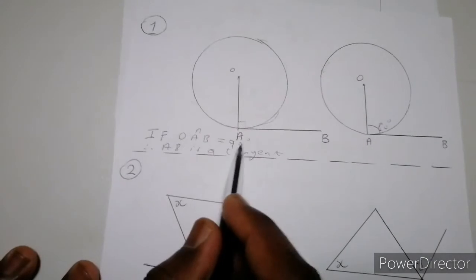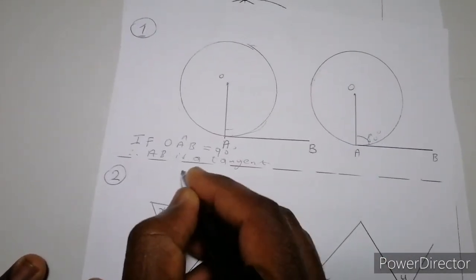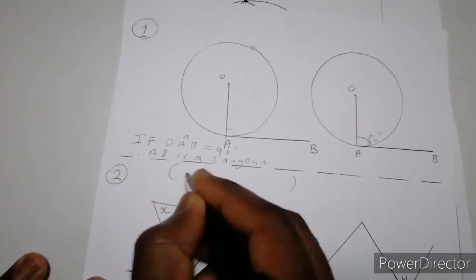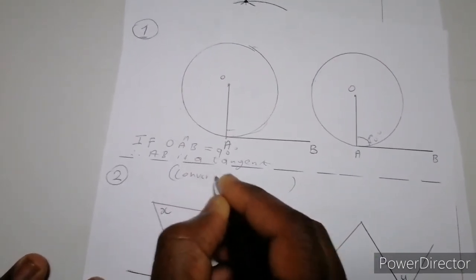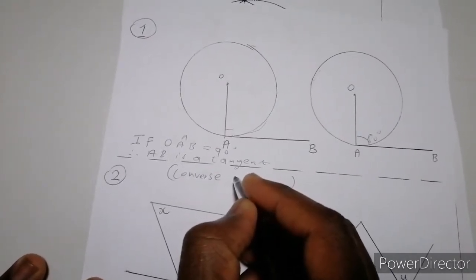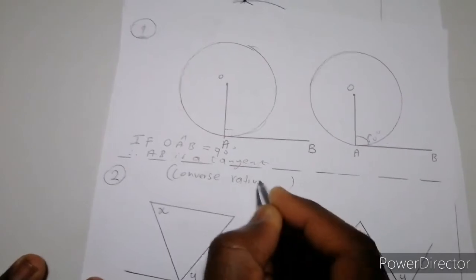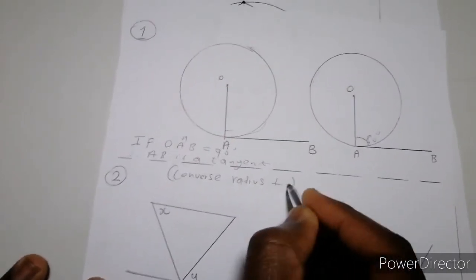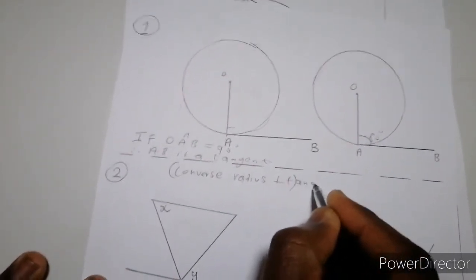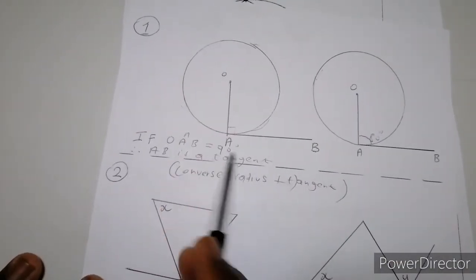Now, what is the reason? How do we reason here? The reason is converse radius perpendicular to tangent.